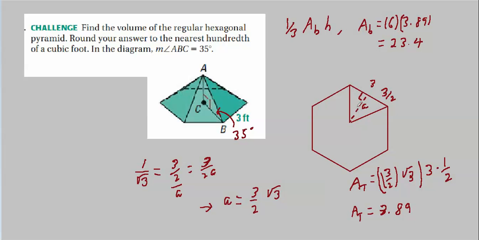But these two, being the radii for the hexagon, have the same length. That means these two base angles are equal. Well, if this is 60, there's 120 degrees left over to divide up between these two evenly, which means 60 and 60. Well, wait a minute. We got a triangle with 3 60-degree angles.